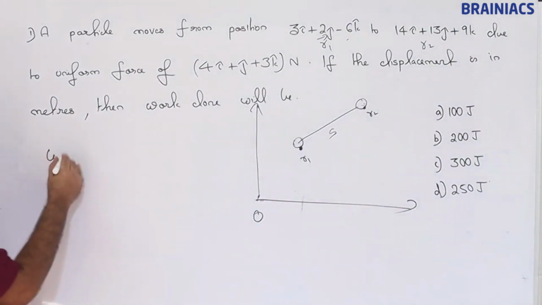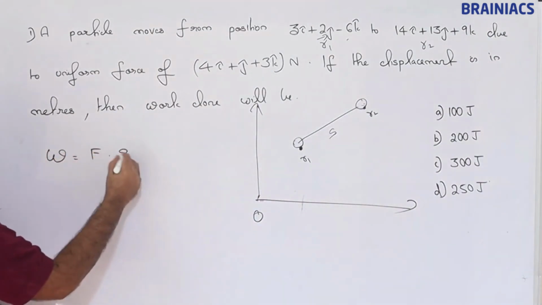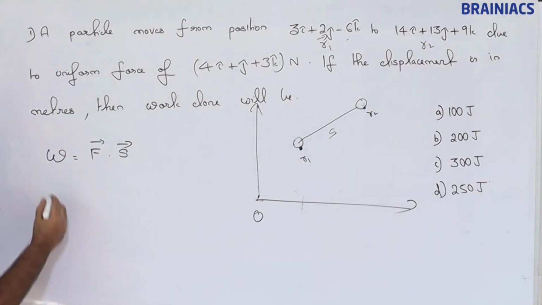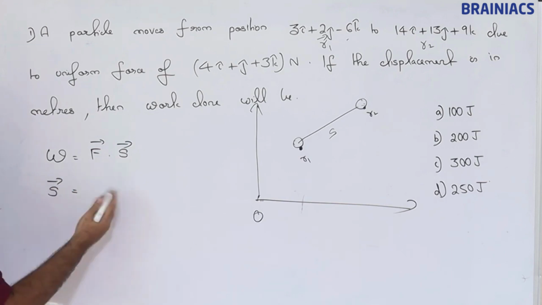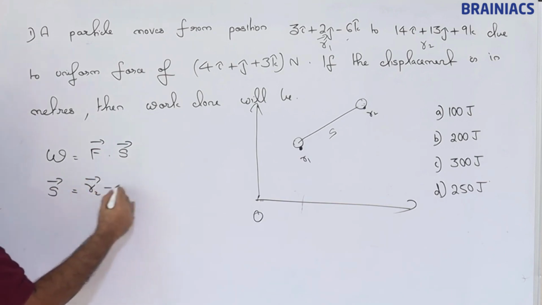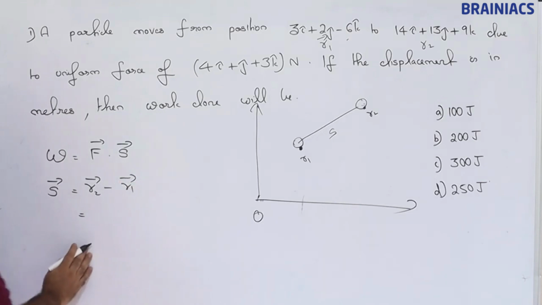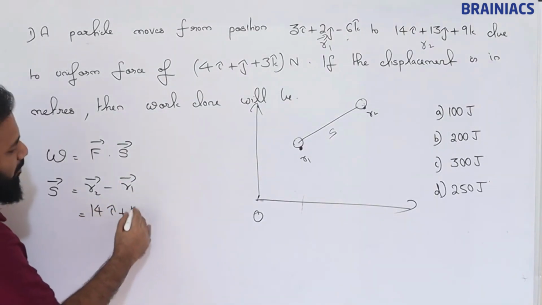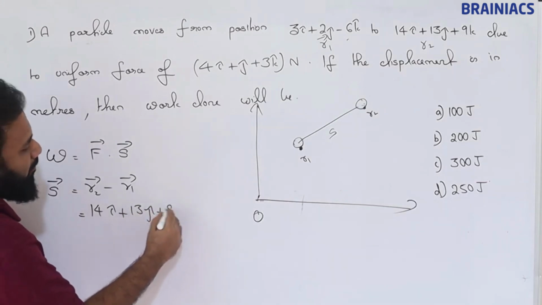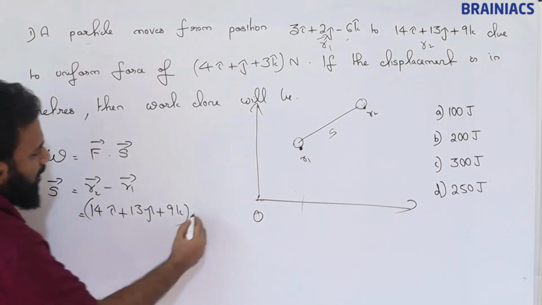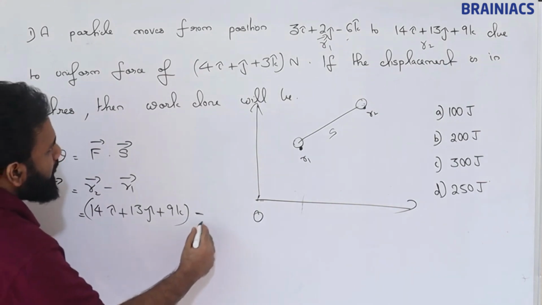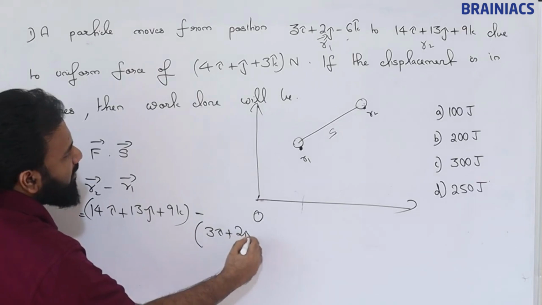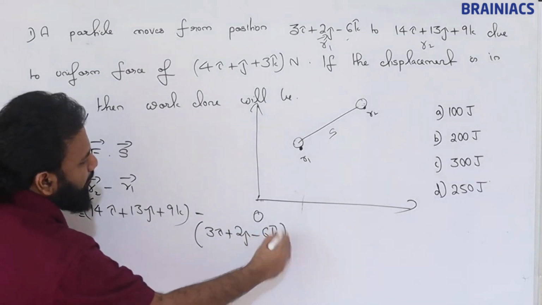So what is work done? Work done is nothing but F dot S, force vector dot displacement vector. What is displacement vector? Change in position, R2 minus R1. So what is R2? 14i plus 13j plus 9k minus 3i plus 2j minus 6k.